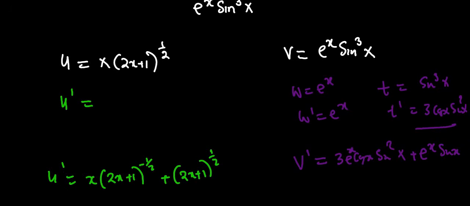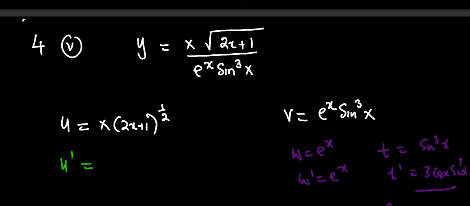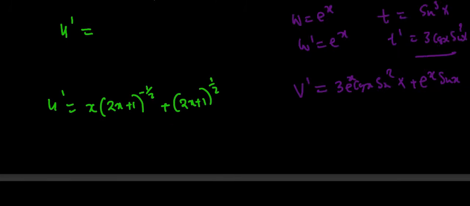So now that we have the derivatives, we can proceed to use our quotient rule, because the main rule is the quotient rule.